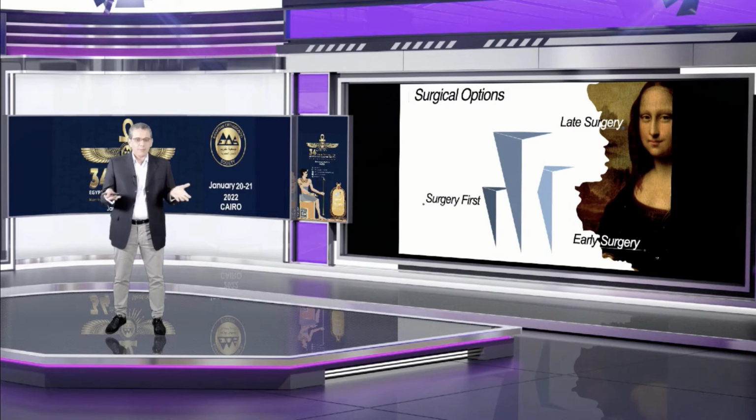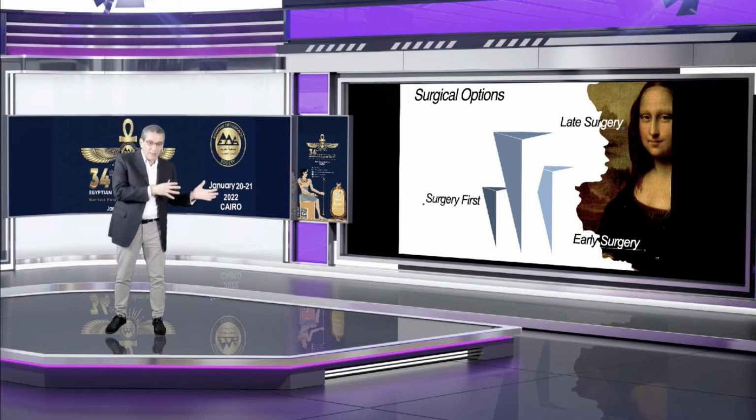So what type of surgery can we ask the surgeon to do? We have three options. Surgery first. We cannot do this surgery for all our patients, because sometimes we have some teeth that limit the movement of the jaws.